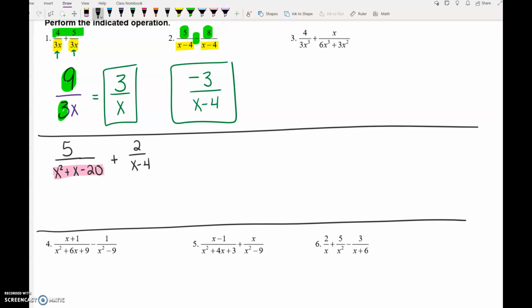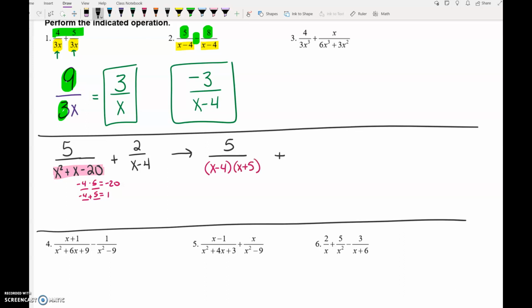We're looking for two numbers that multiply to give us -20 and add up to 1. That would be 4 and 5, and I believe the 4 would need to be negative. So that one is going to become 5 over x minus 4, x plus 5.